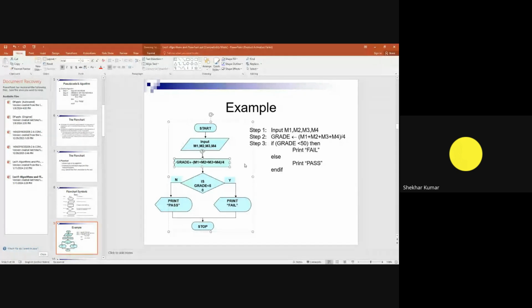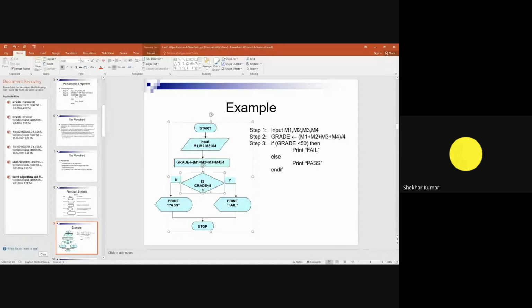Now we are checking the condition. The condition is whether the grade value is less than 50. So for a decision, for checking the condition, I have used this diamond shape symbol. Wherever I make any decision in the flowchart, I will use a diamond shape.